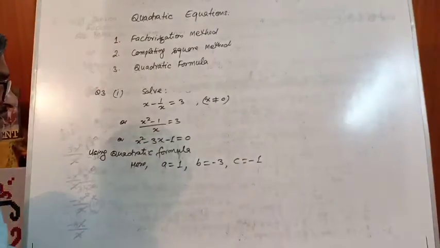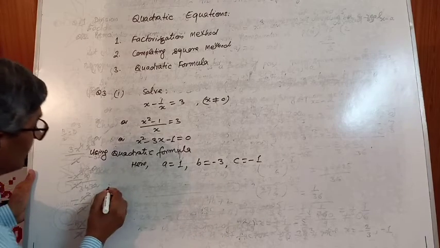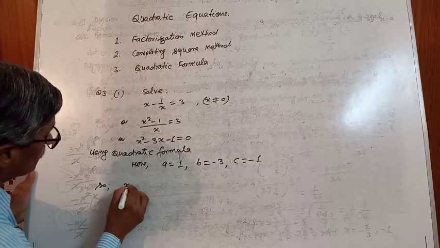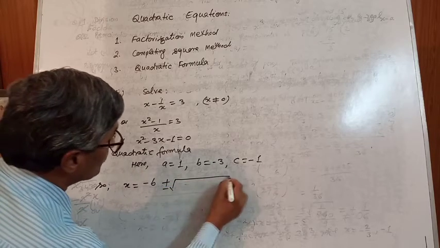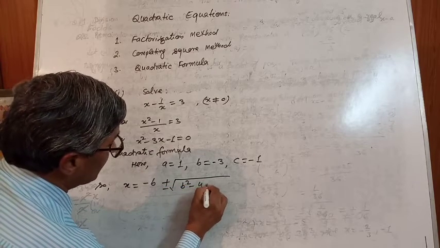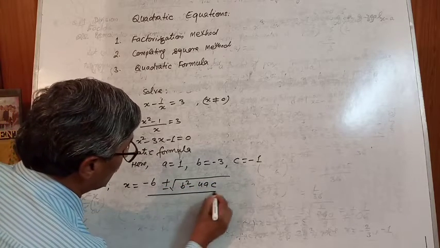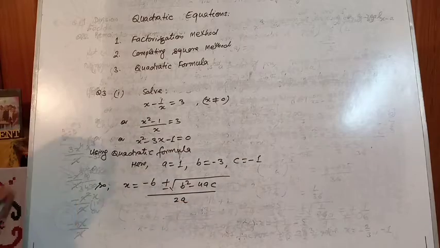Now apply the quadratic formula. What is the quadratic formula? x equal to minus b plus minus under root b square minus 4ac whole upon 2a.